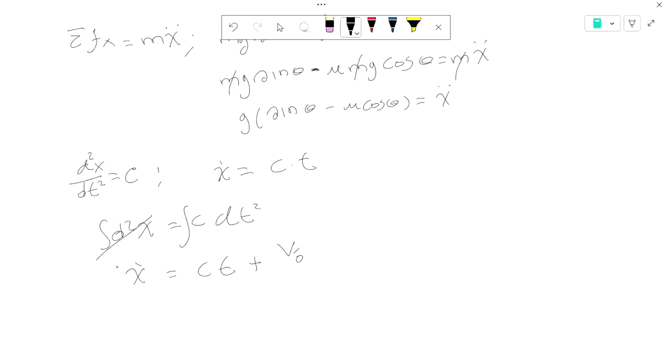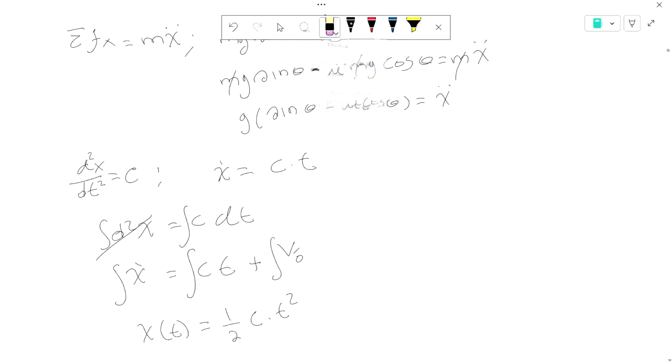All right, if you integrate this again, and we're integrating, not deriving, because we want to find the x value, the x with respect to time. So integrating this, we're going to know that this is 1/2 c t squared. This is why we're confused, because this is the second derivative.